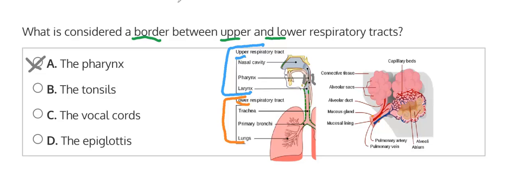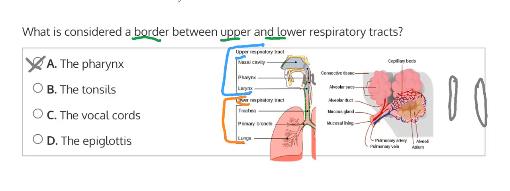Option B are the tonsils, and the tonsils you can't exactly see on this diagram, but these would be two features that are in the back of your throat, kind of like this, and they become inflamed if you have a respiratory infection. Sometimes it can become chronically inflamed if you have a lot of pharyngitis or sore throat or strep throat.